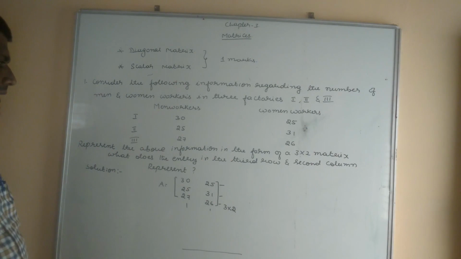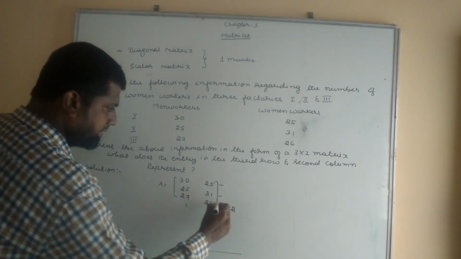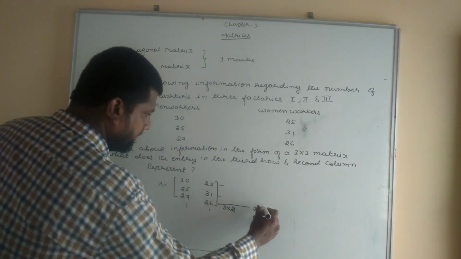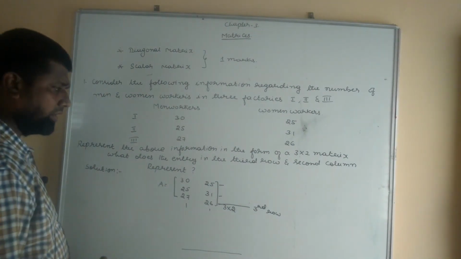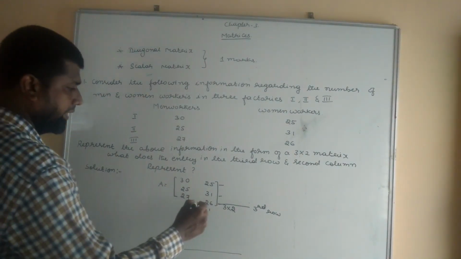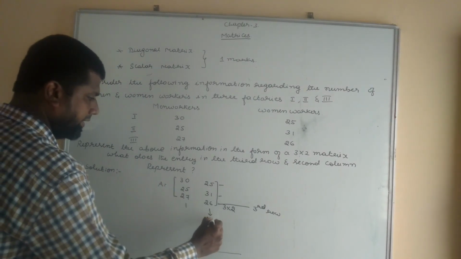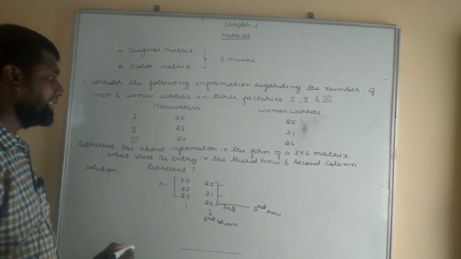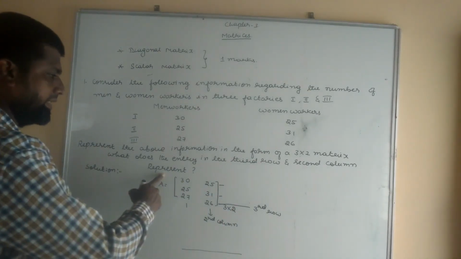What does the entry in the third row and second column represent?